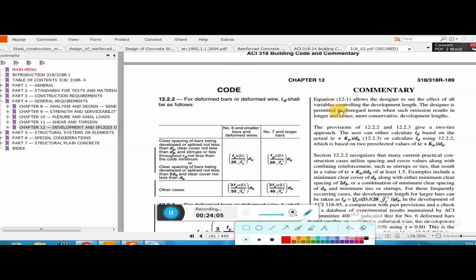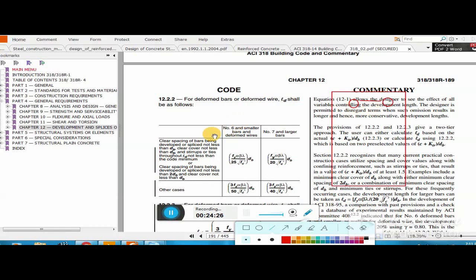The clear spacing in between the bars means, if you draw a beam and you have steel bars, let me show you. This means the clear spacing in between these two bars. There are 2 bars, but if you have more than 2 bars, you have to determine that spacing.